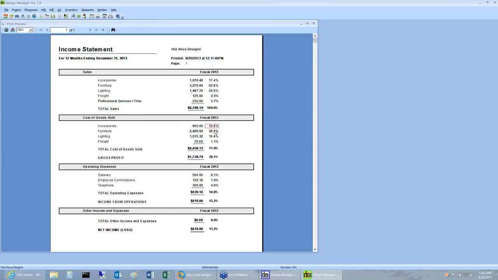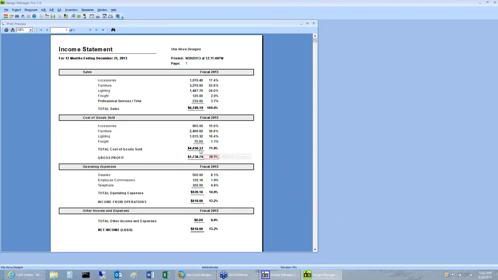So 15.6% of my cost of goods sold of my accessories, that's 15% of my total sales value. So I'm making a total gross profit of 28% on my sales of $6,189.